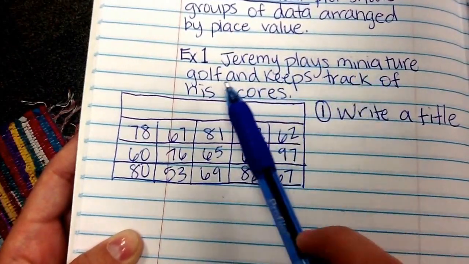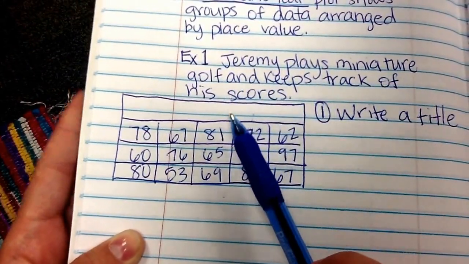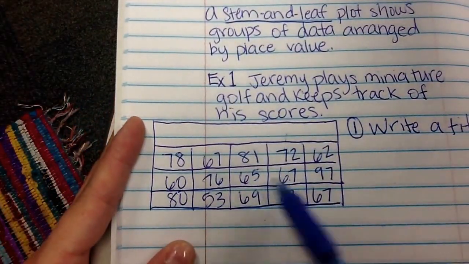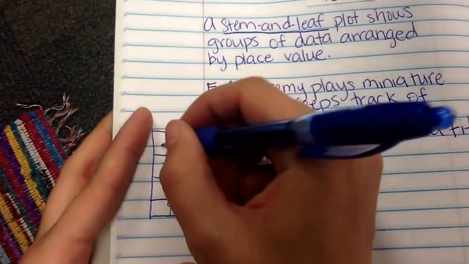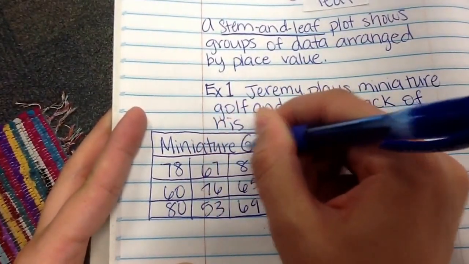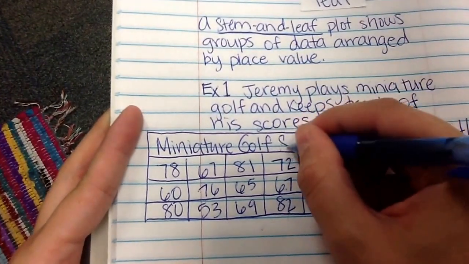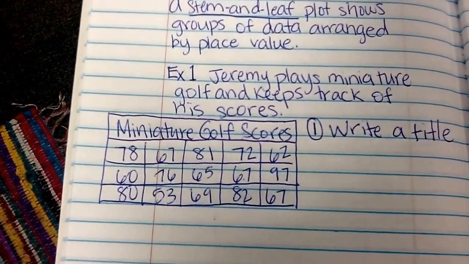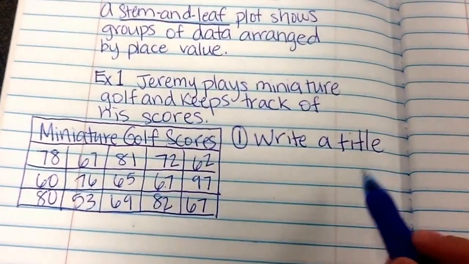It says, Jeremy plays miniature golf, keeps track of his scores. So here, I'm just going to make up a title that goes along with the problem. I'm going to write miniature golf scores. Okay? Alright, so we wrote our title. Check.